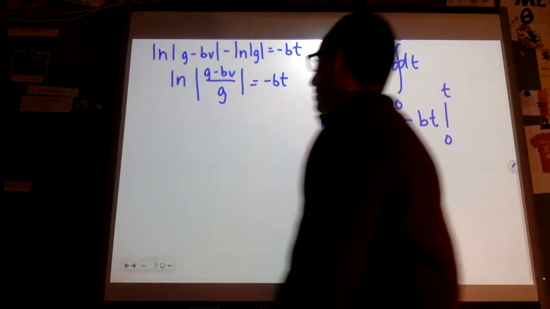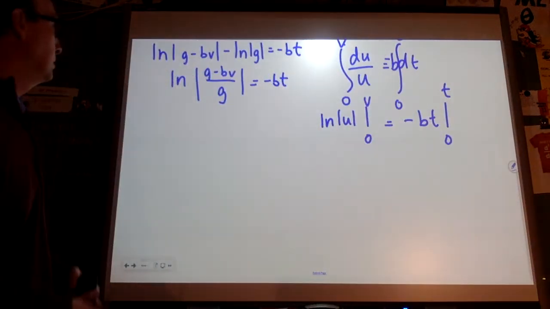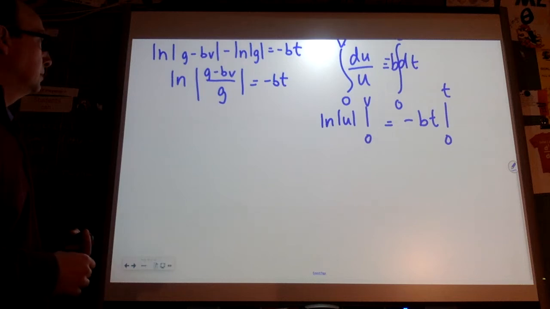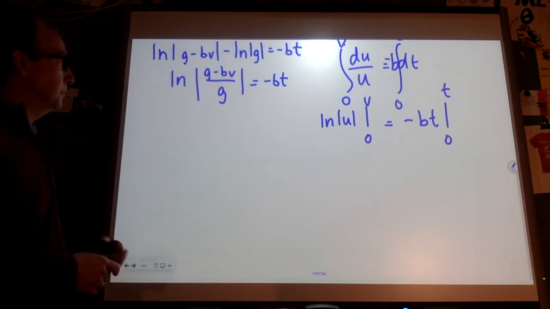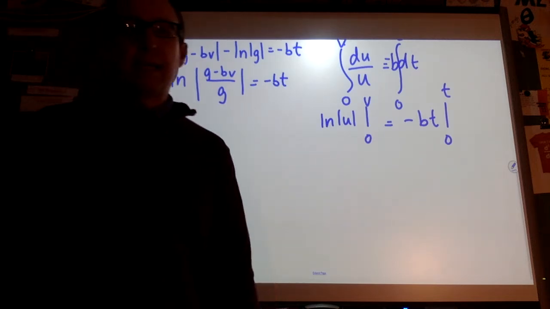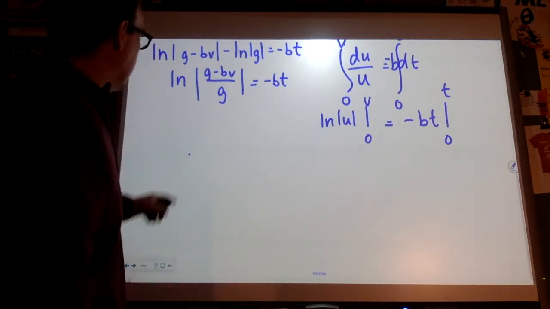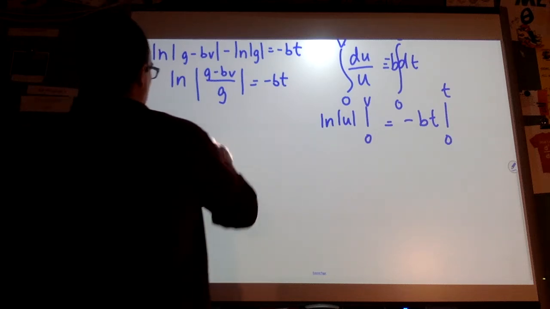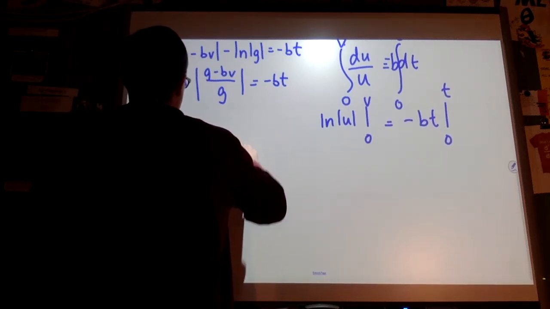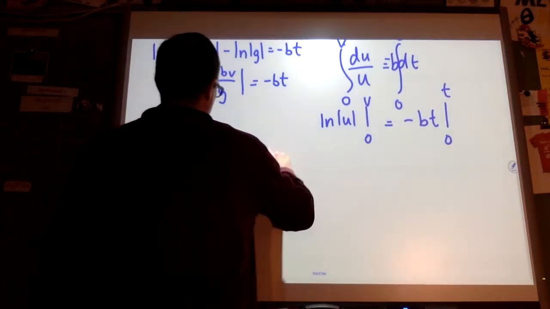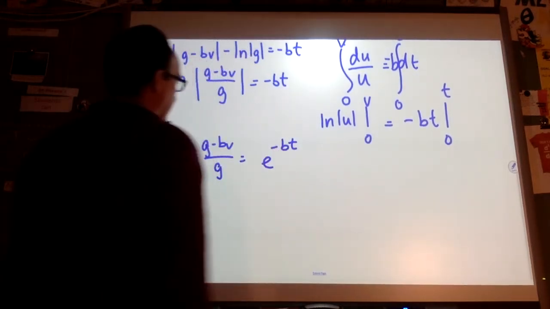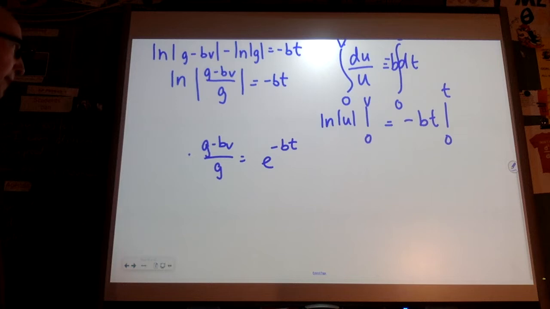All right, so to undo the natural log, we use e. So I'm going to use e on each side, and on one side I'm going to get g minus bv over g. On the other, I'm going to get e to the negative bt, and then I'm going to try to get v by itself.